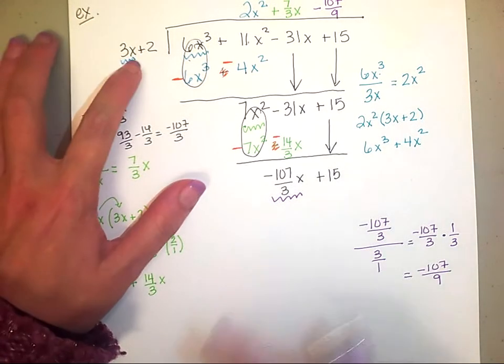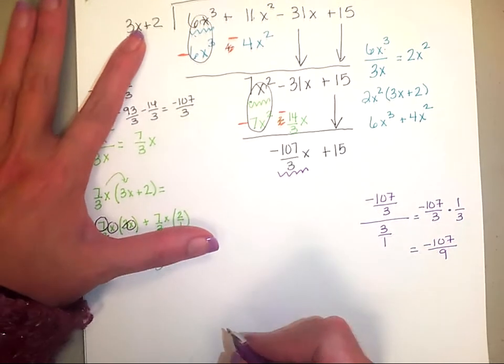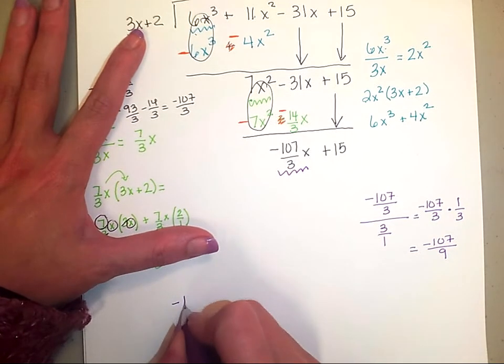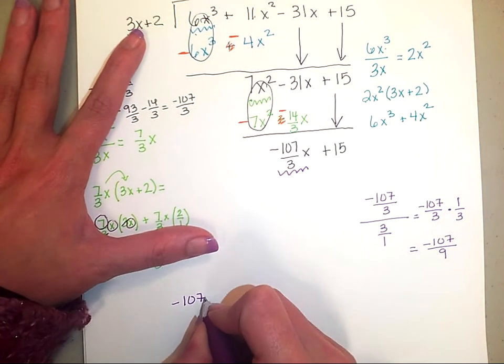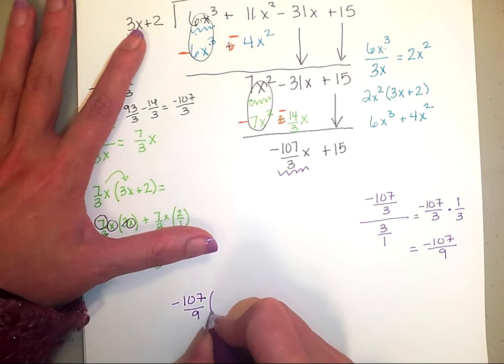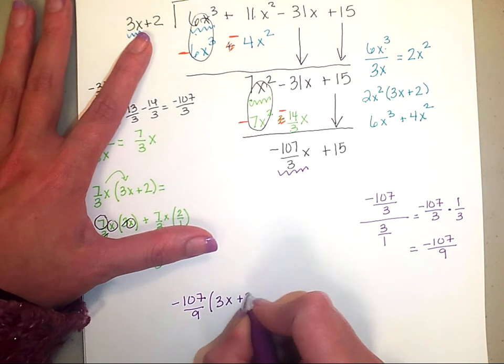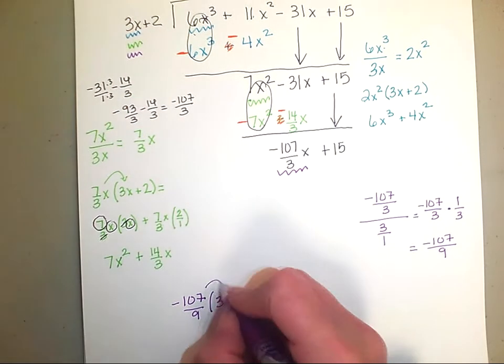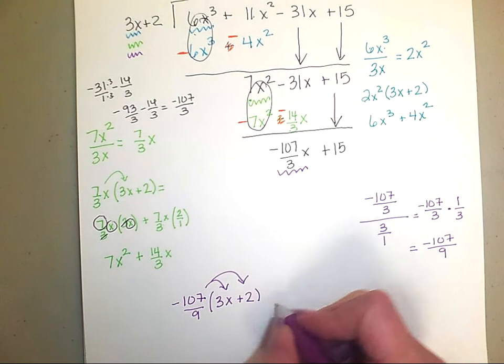Now we take this times this. I'm going to write this a little bit larger down here. Negative 107 over 9 times 3x plus 2. We're going to distribute this through.